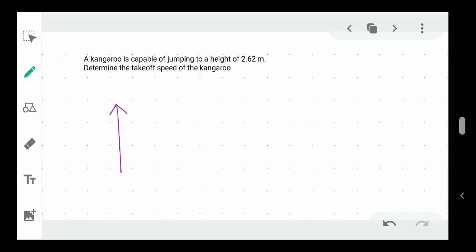So my final velocity will be 0 here, because it has to come to rest at a certain time, right? So in that case, my u has to be found. Okay, so height is given, that is 2.62 meter, and g, that is the retardation, is given.